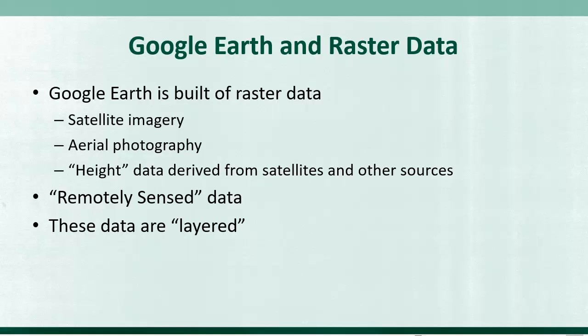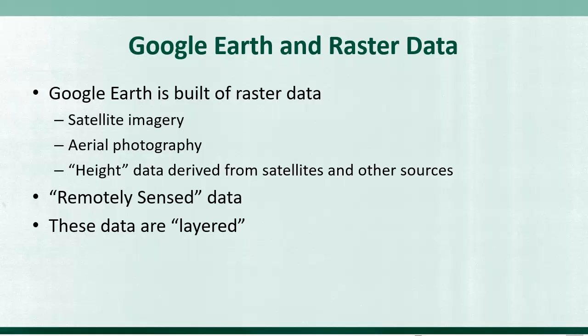In addition to Google Earth being made of images, Google Earth is also made of what's called height data. Height data refers to satellite-sensed data that tells us what the elevation of the surface of the Earth is. And that's used to produce the three-dimensionality that we see on Google Earth, that the images are then draped over the top of, or layered over the top of.